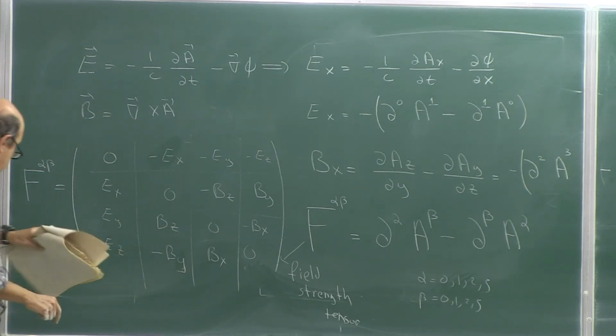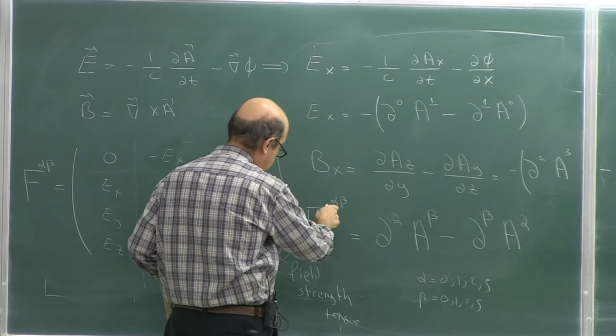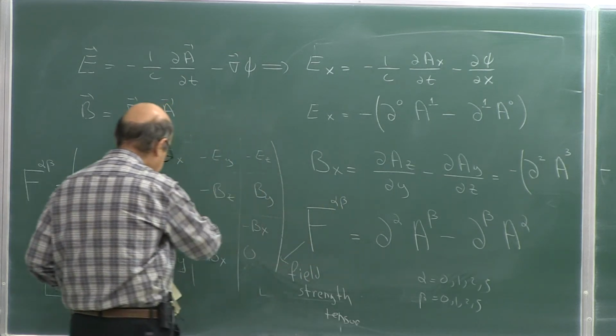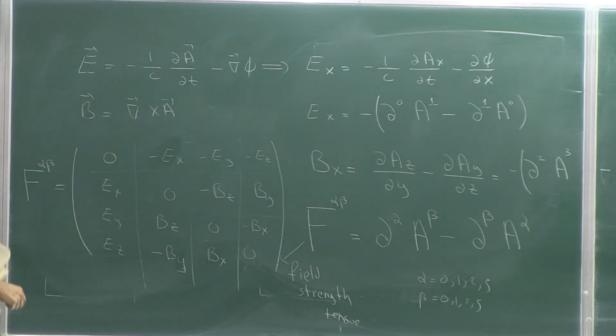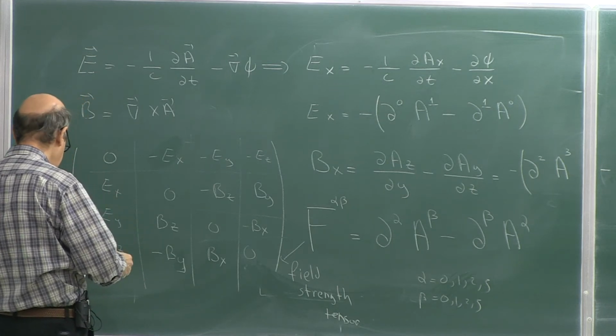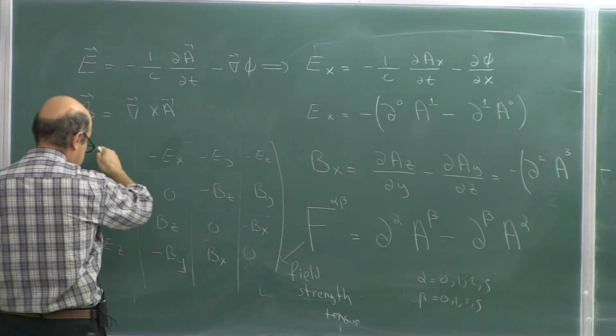So if you do one by one, say 0, 1, 0, 2, 0, 3, or 2, 0, or 2, 2, whatever, you will find that the elements of the fields, and it's a second rank tensor, and it's an antisymmetric tensor, and you can derive all the elements. So that is anti-symmetric through the diagonal.